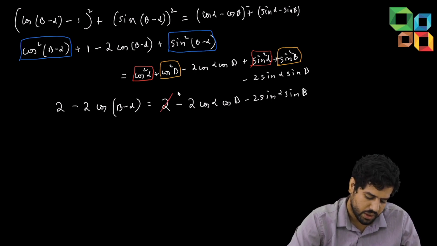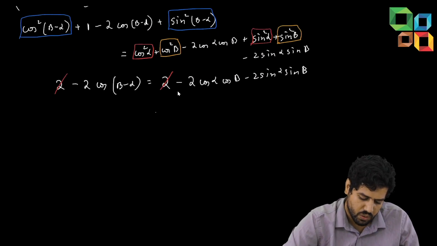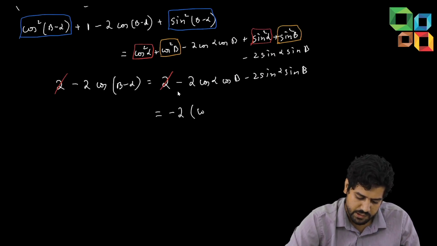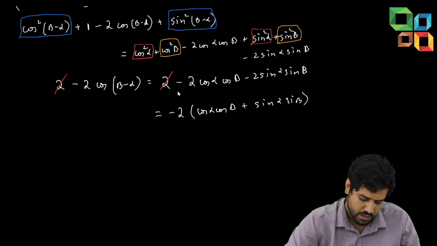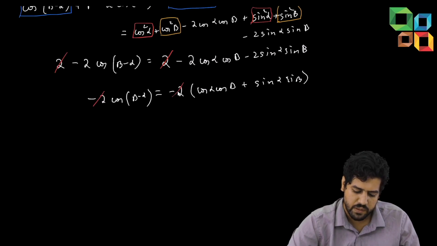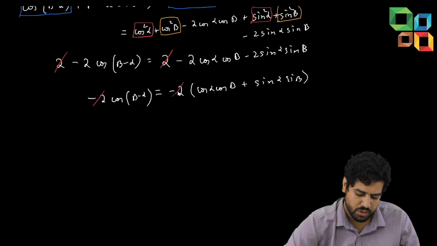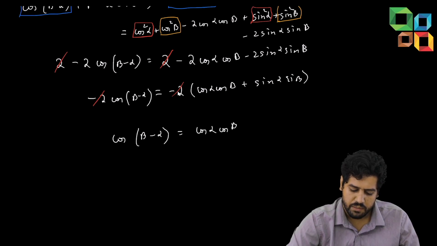Okay. Now 2 and 2 will get cancelled. We can take minus 2 out common. So we'll get minus 2 times (cos alpha cos beta plus sin alpha sin beta) is equal to minus 2 cos of (beta minus alpha). So this minus 2 will cancel away. You're left with cos of (beta minus alpha) is equal to cos alpha cos beta plus sin alpha sin beta.